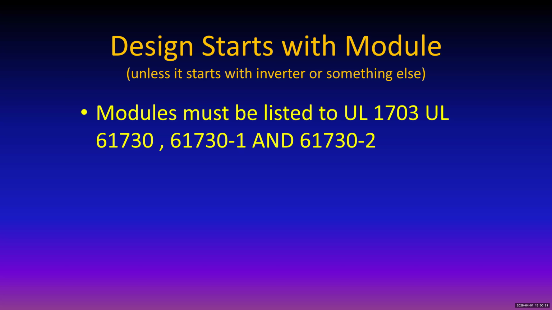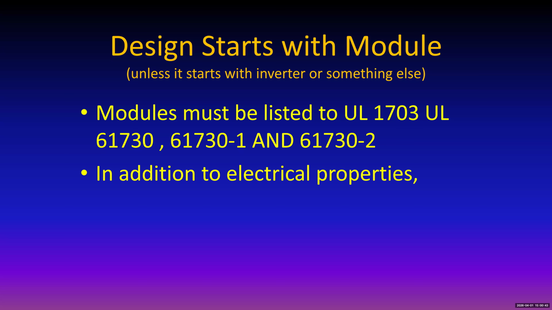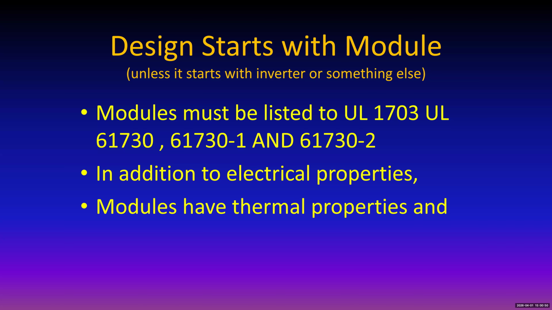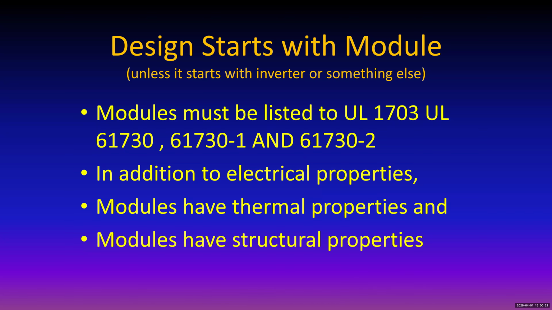So these are the listings to make sure that they're properly built, and this is the structural requirements. We talked about UL 1741 earlier as being inverter requirements. In addition, the 1703 covers the electrical properties, but we have thermal properties and structural properties on the modules, and you need to make sure that whatever modules you're using will withstand the wind forces and the earthquake forces if you're in such an area.